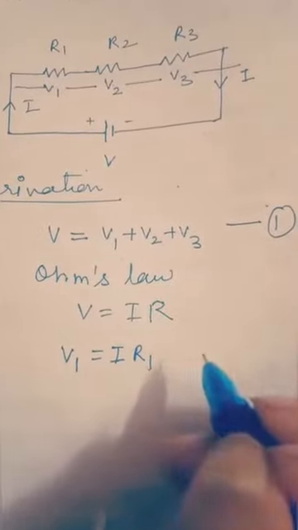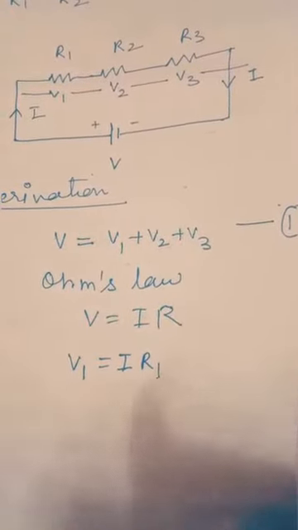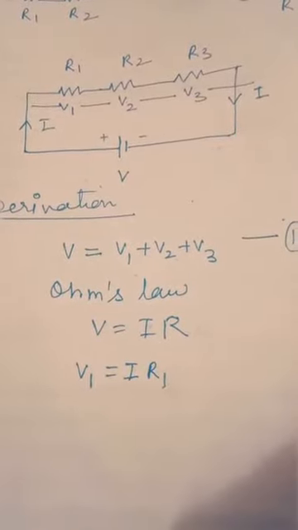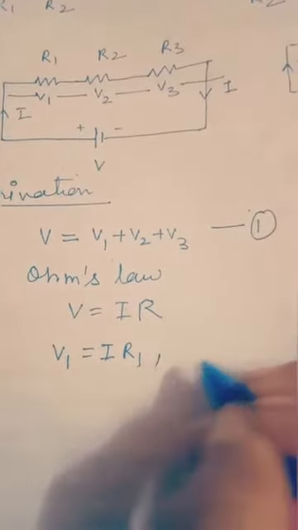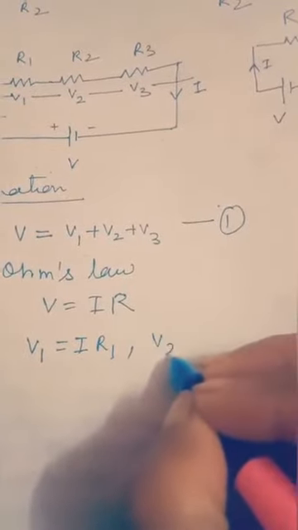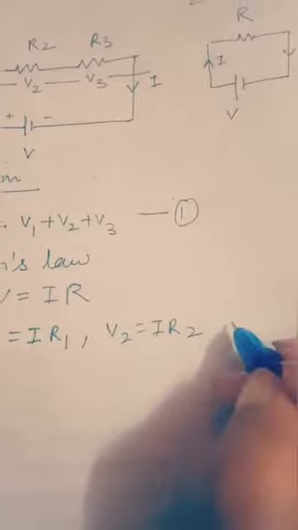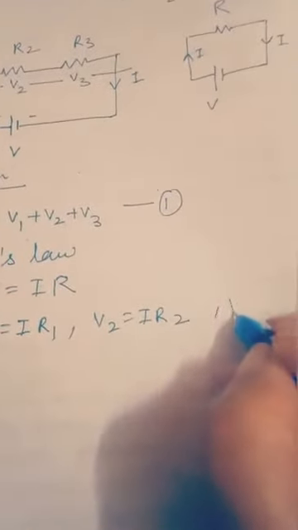As the same current flows in all the resistors, we are not going to change the value of the current. In the second one we have V2 equals I R2, and in the third one we have V3 equals I R3.